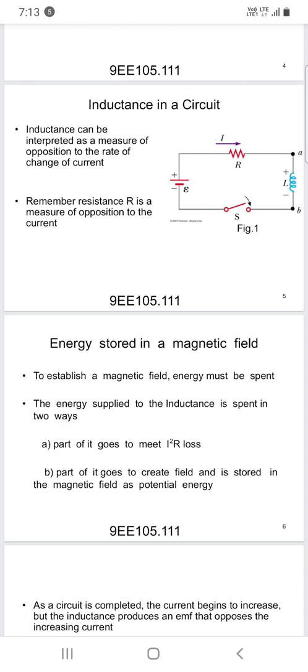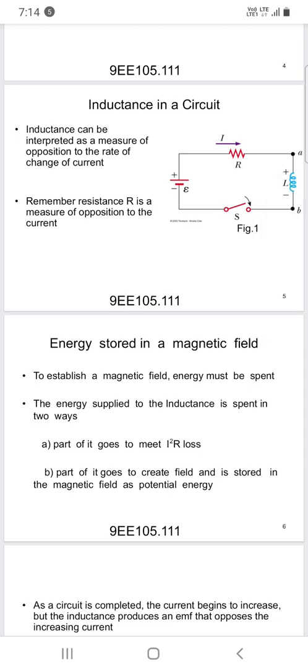Resistance is a measure which opposes the current. Resistance is nothing but that which opposes the flow of electric current.